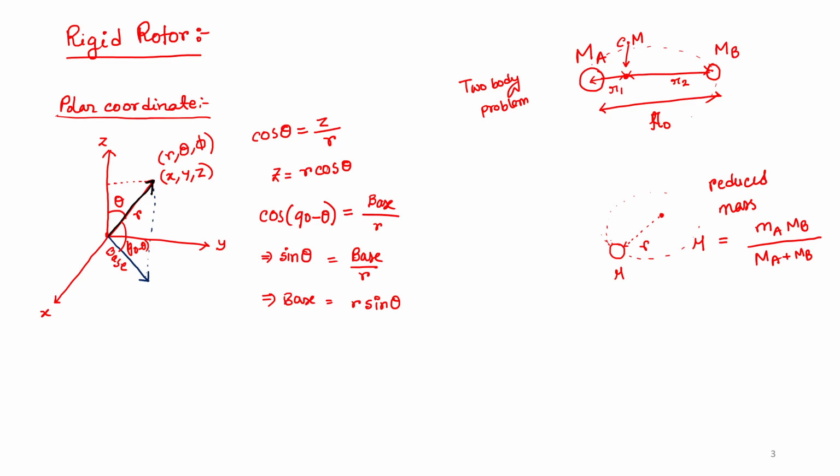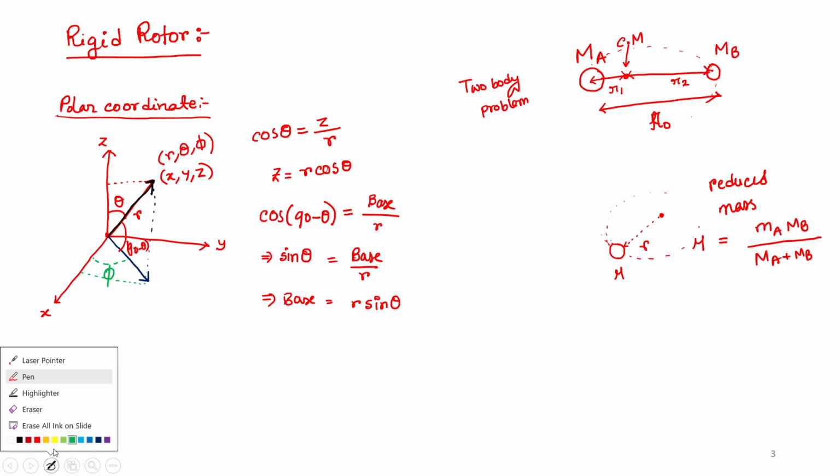Now this r sine theta, this projection operator, I'll remove this base, because I will show you another angle, maybe with a different color of ink, suppose green. This projection operator is now making an angle, suppose phi, with the x-axis. Now we will get some relationship between this projection operator and x, and I will write them in green color, maybe that will be easier.